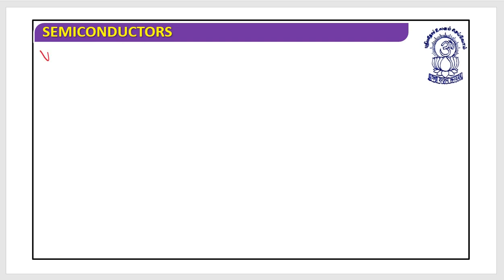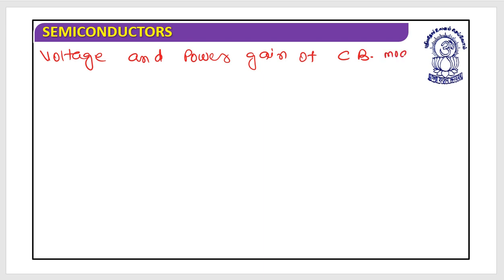Now let's discuss the voltage and power gain of CB mode. Let's first discuss voltage gain, generally denoted as AV, and basically it's the ratio of output voltage to input voltage.